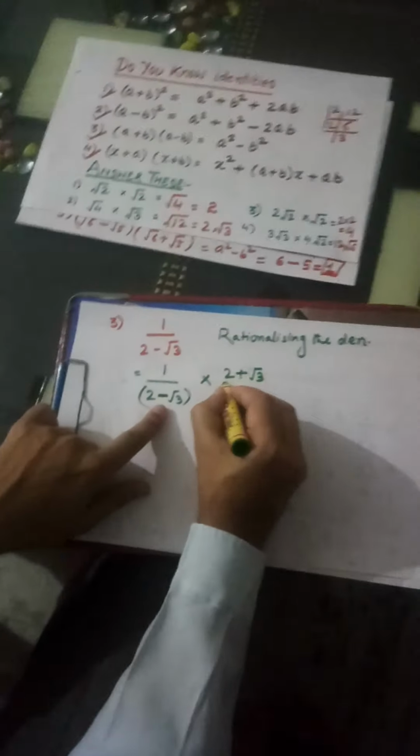Once again I am guiding you. The minus sign will be changed into plus, and if it is plus here, it will change to minus. So please understand this concept. Numbers are written the same, but the sign is changed. And remember also, the plus sign will be written for both if it is minus here, and if it is plus here, then minus will come for both.